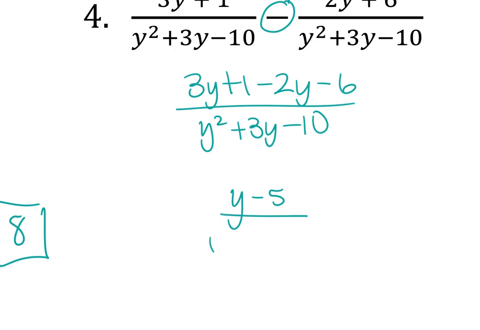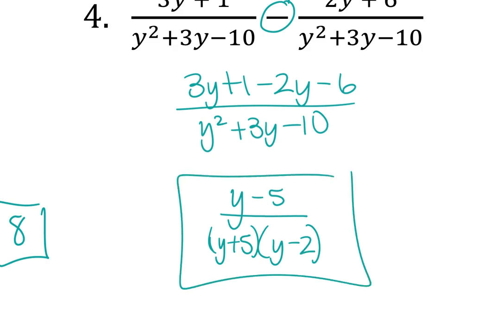And let's go ahead and factor that denominator to see if anything will cancel. Factors of negative 10 that add to positive 3: y plus 5, y minus 2. Nothing cancels, so we are done. Sound good?